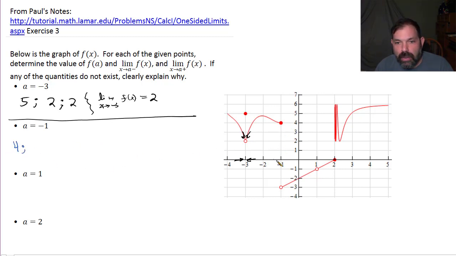The left limit, if x is approaching negative 1 from the left, the output is, again, 4. If x is approaching negative 1 from the right, the output is approaching negative 3. And again, if we were asked for it, we would say that the limit as x approaches negative 1 of the function does not exist.